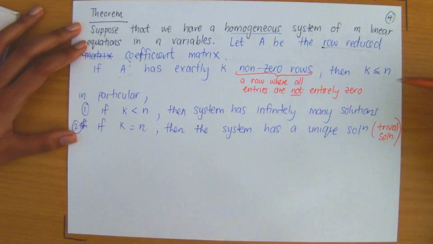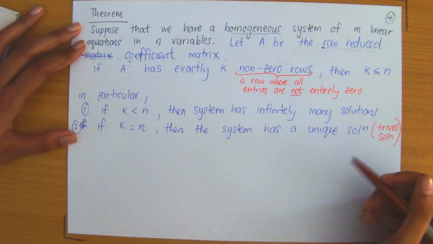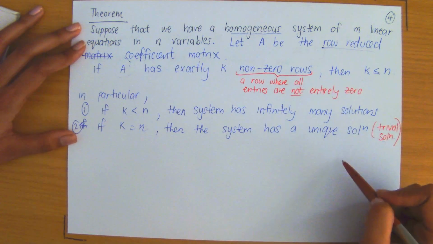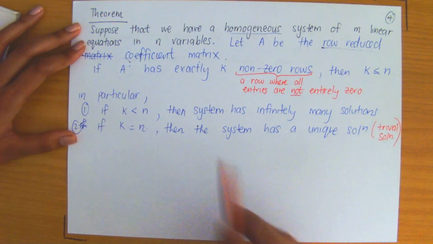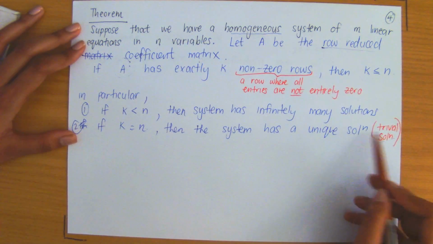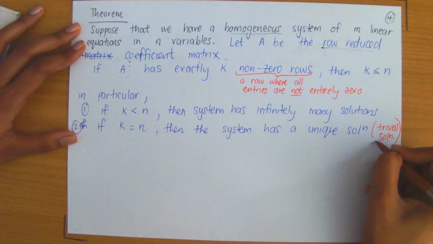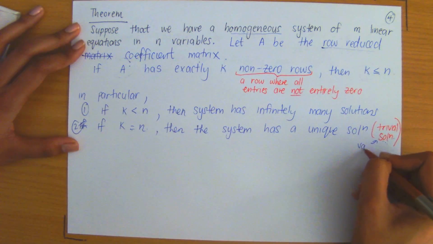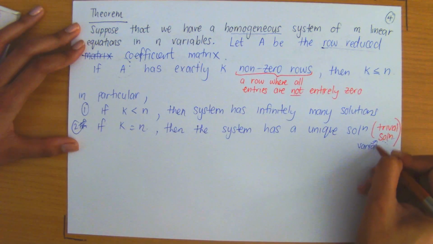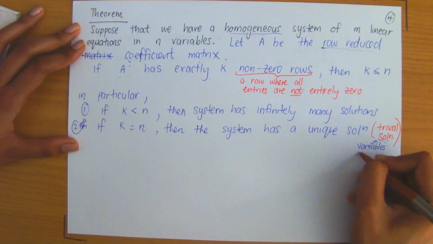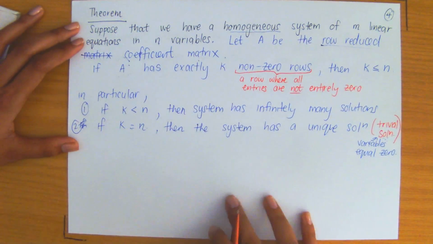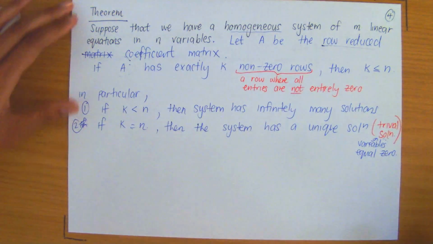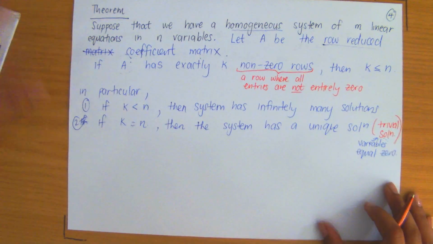Then when you are row reducing your matrix, you are applying row operations to the zeros on the right-hand side, and any row operation applied to 0 will give you back zeros. So therefore, when the system is in row reduced form, the variables will equal 0. So I'll just make a note: variables equal 0. Alright, so that is what this theorem tells you.